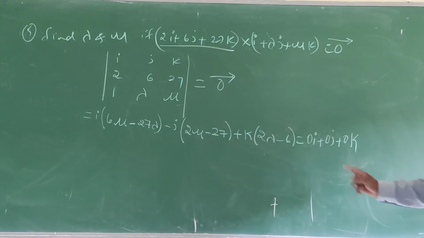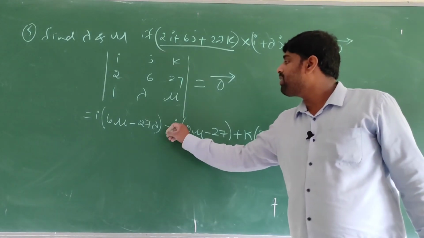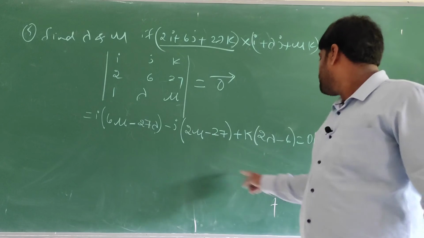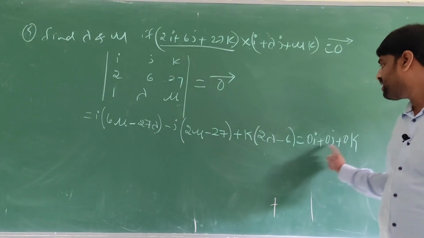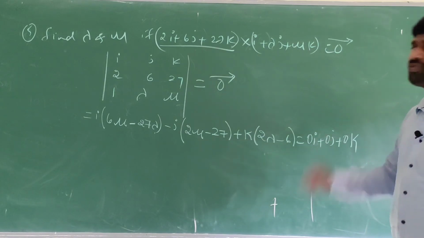Now I have to equate the coefficients: i coefficients, j coefficients, k coefficients.